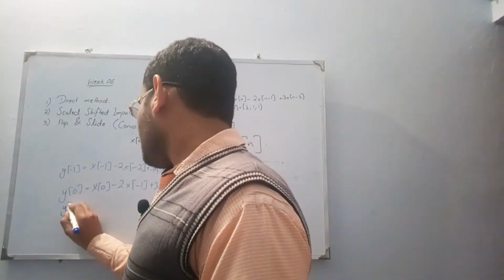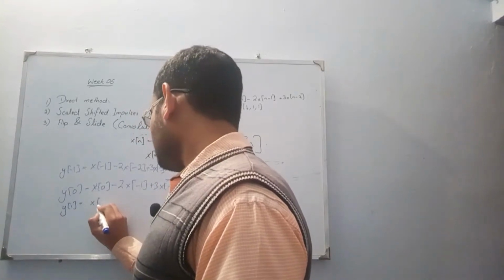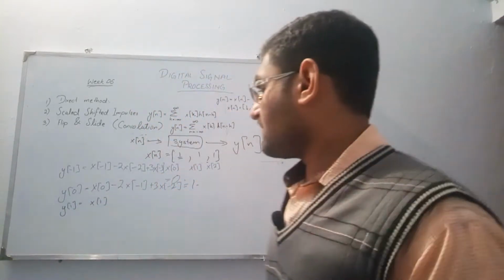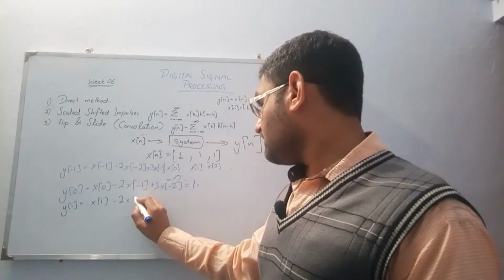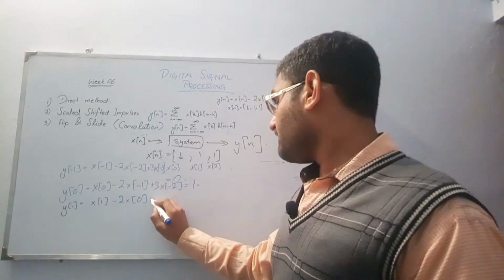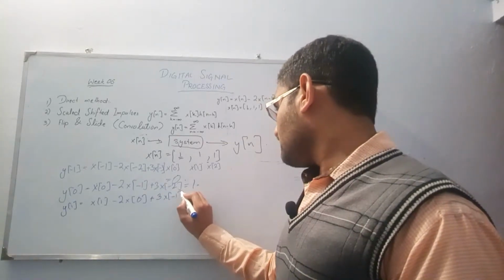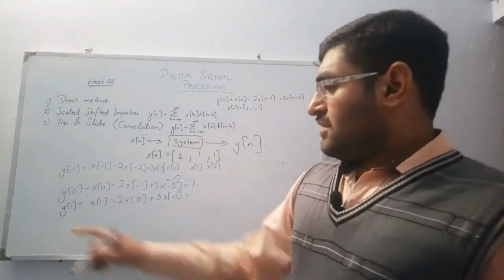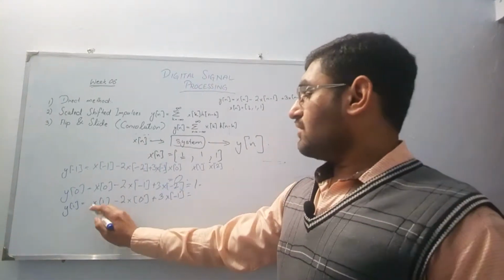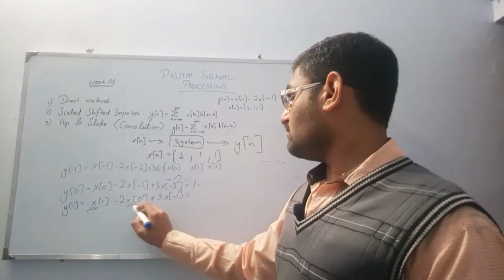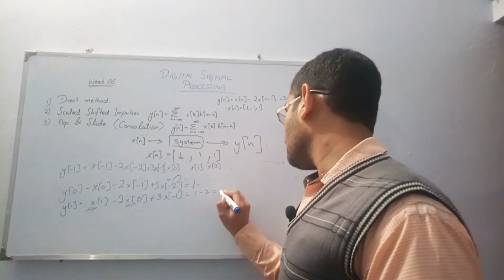So the next one is y of 1. Put n equal to 1. So this will become this one. Now I have the value of x of 1 and also x of 0. So 1 minus 2 is equal to minus 1.